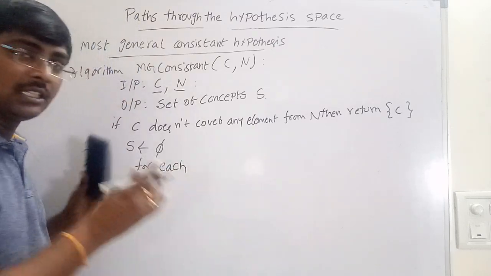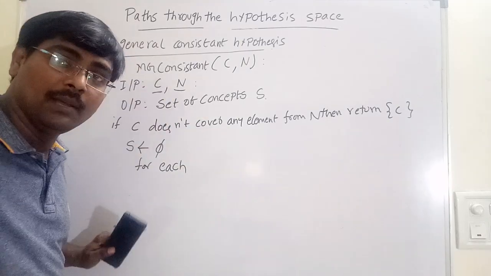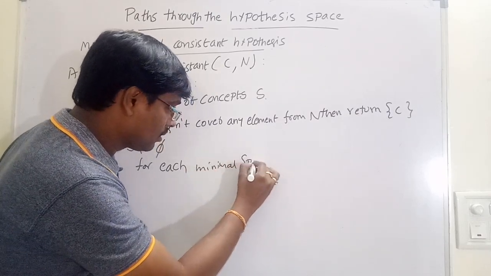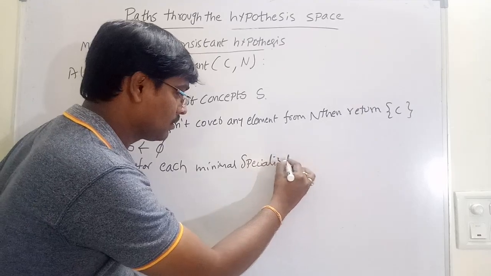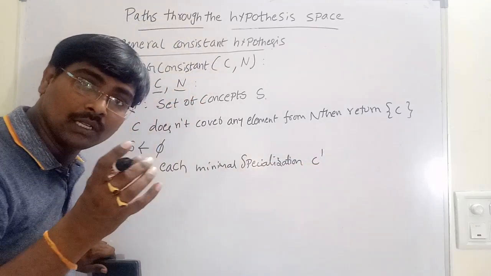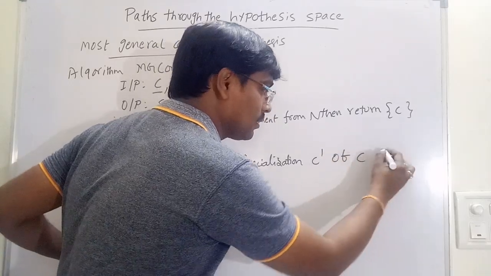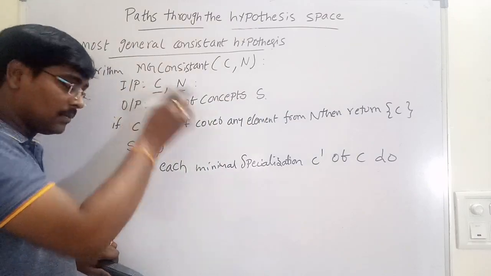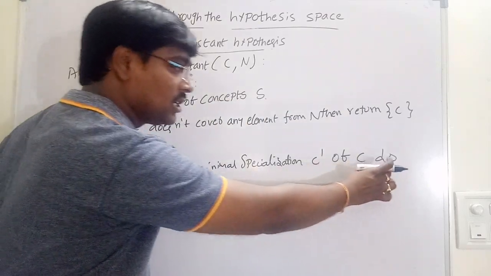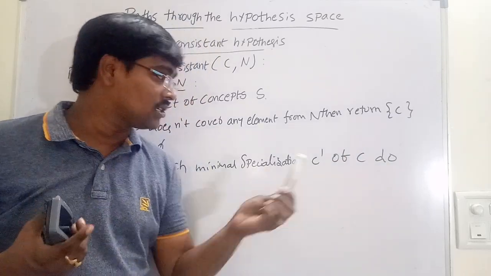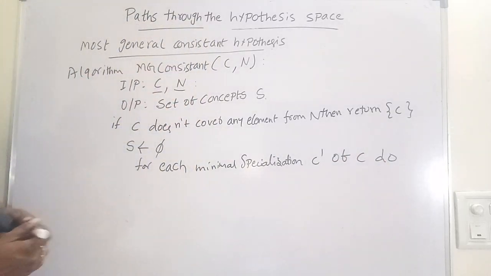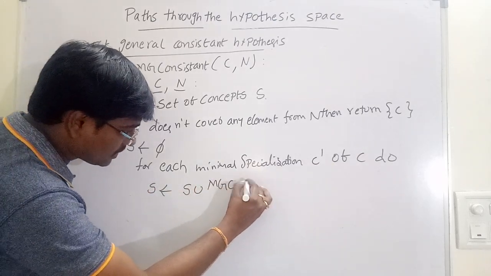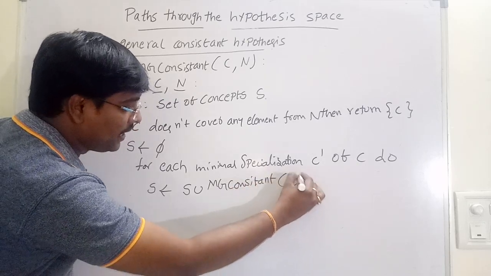For each minimal specialization C dash of C, do: S equals S union MGC of (C dash, N).